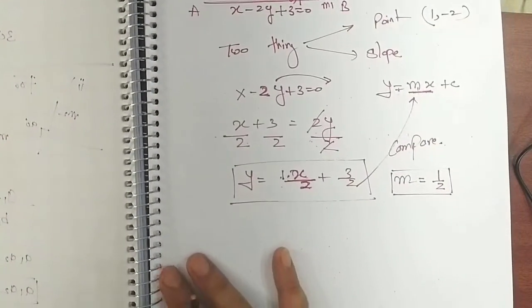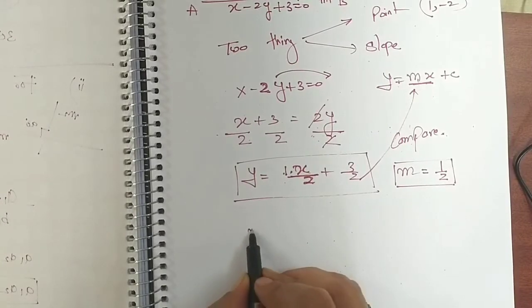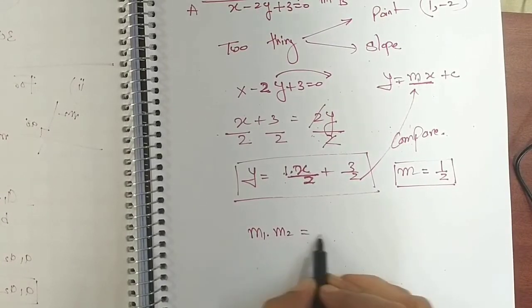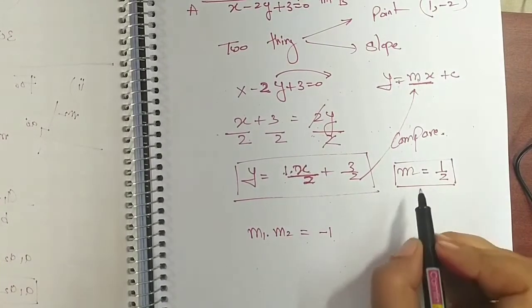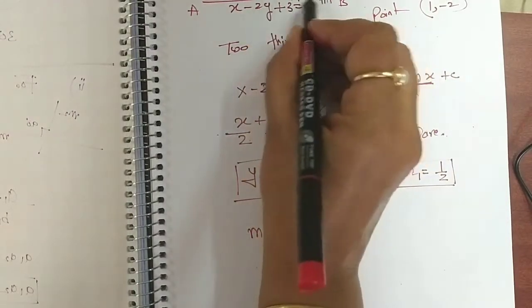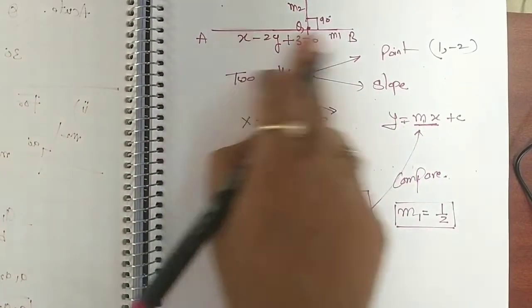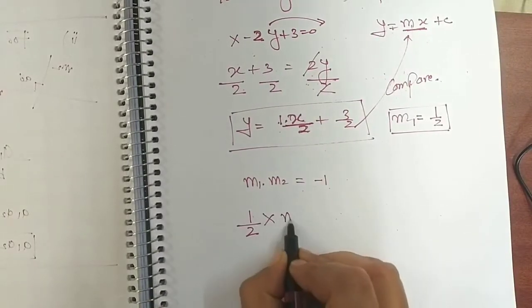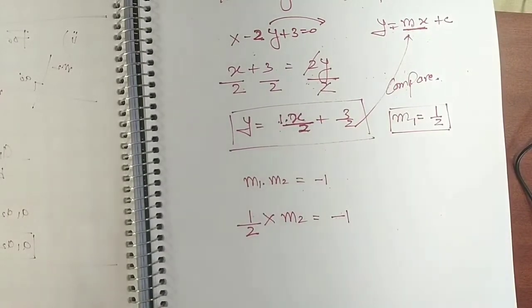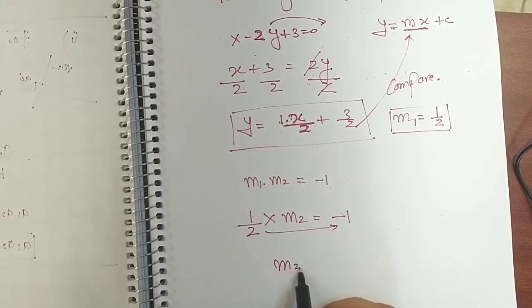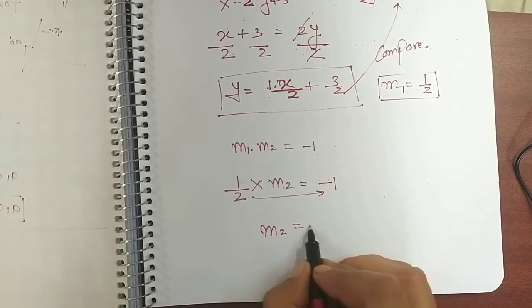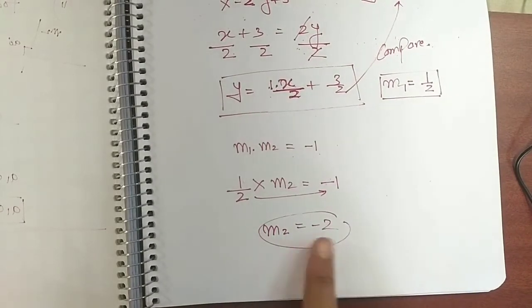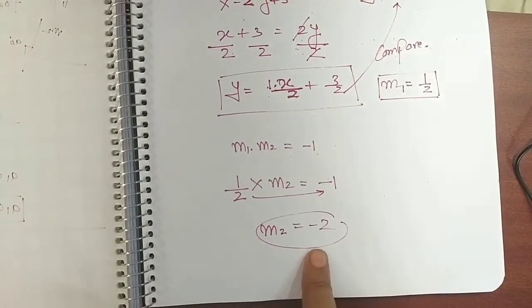If two lines are perpendicular, the condition is m1 into m2 is minus 1. I'm calling the first line's slope m1, and I got it. So m1 is 1 by 2, into m2 is equal to minus 1. This 2 will go there. So can I write m2 is equal to minus 2?